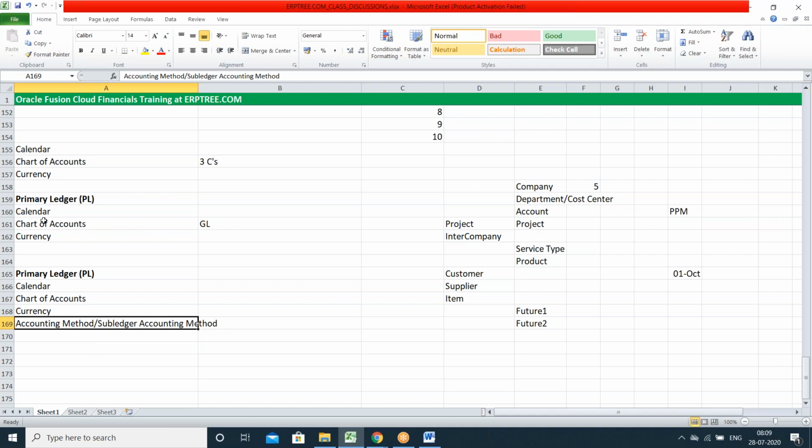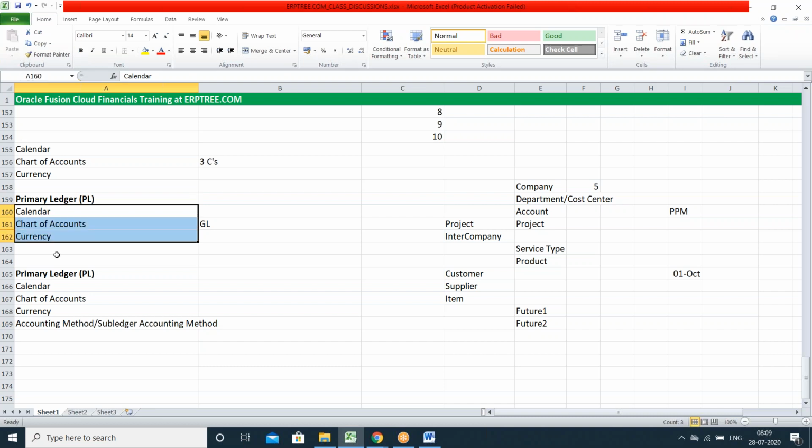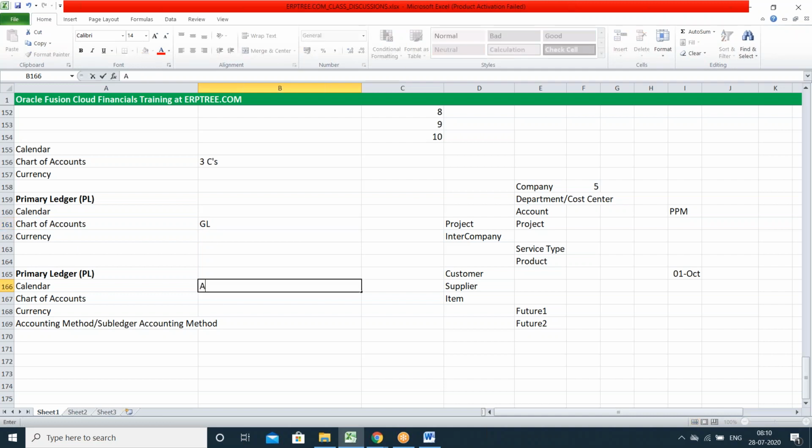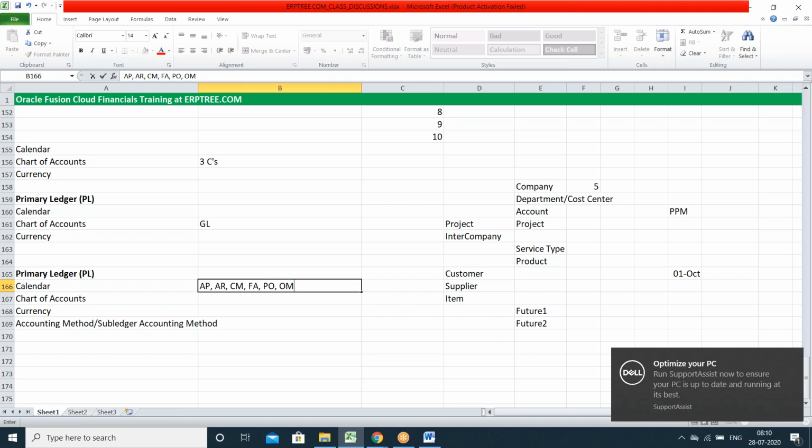Now here, if you have a primary ledger with a calendar, currency, and chart of accounts, you can record the transactions only in the GL. If you want to record the transactions in, say, payables, AP, AR, CM, FA, PO, INV, inventory, or any other application.